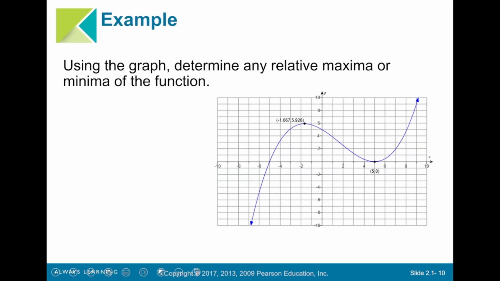So, using the graph to determine any relative maxima or minima of the function. Right here, I have my maxima. It's at the top of my hill, therefore it's the max. I should say relative max.